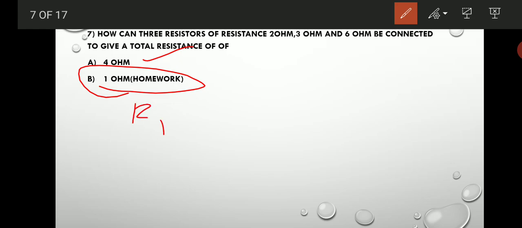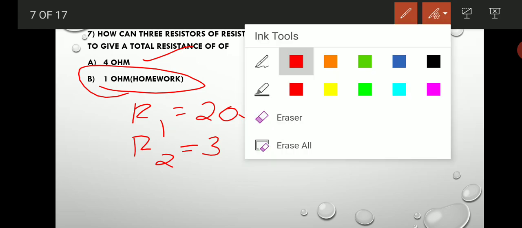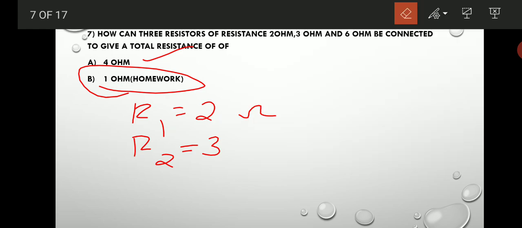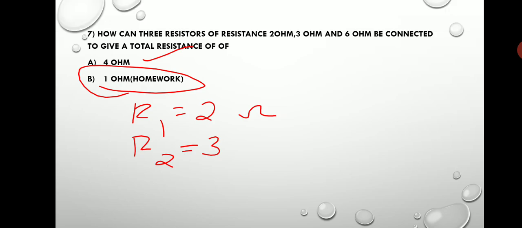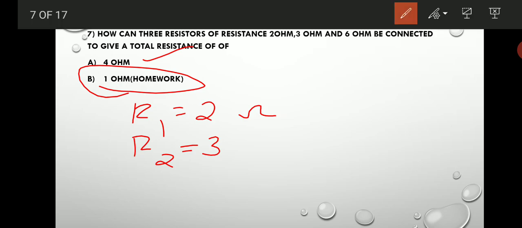So R1 is equal to 20 ohm. R2 is equal to 2 ohm.